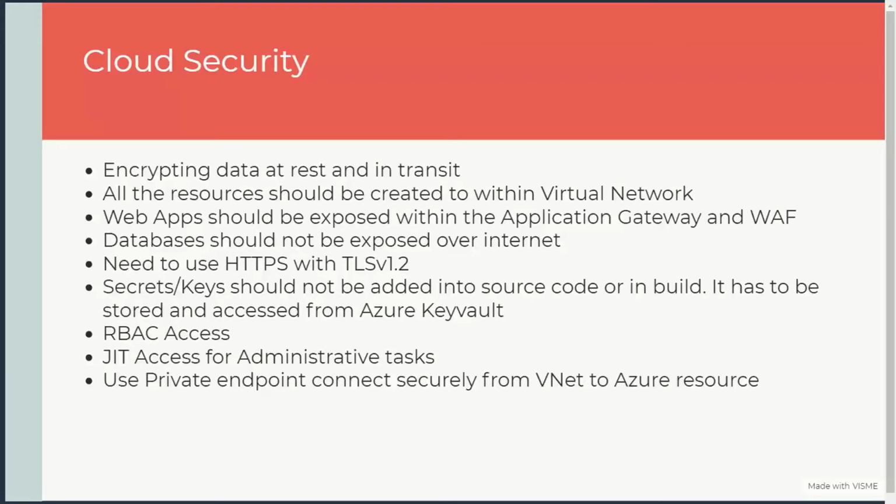For example, currently in your scenario, there is an API application and another one is the web application. No one is going to consume the API application outside of your company; only your website is going to access it. So within the virtual network only the API will be accessed, and the website will be hosted outside.